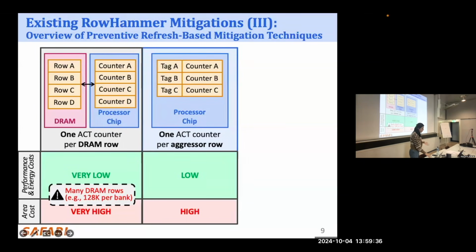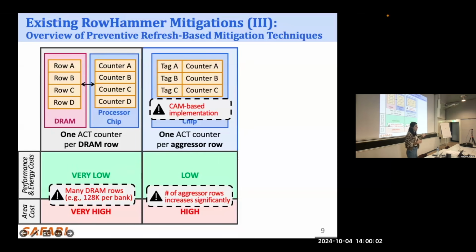However, especially at low RowHammer thresholds, the area cost gets higher. This is because the number of aggressor rows increases significantly. When an attacker can induce RowHammer bit flips with fewer activations, this means that they can hammer more DRAM rows, and we need to track more counters. And since we are using tags, these counters are usually implemented with content addressable memory, which is also expensive when you consider area.